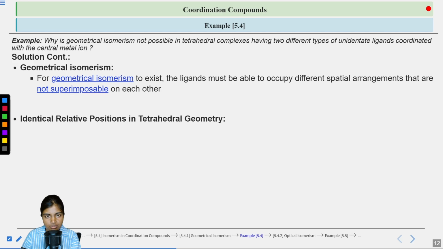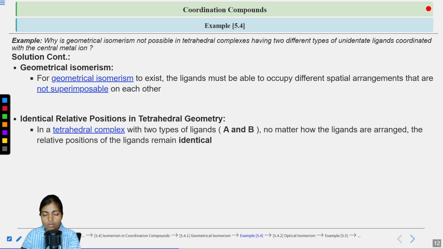Identical relative positions in the tetrahedral geometry. In a tetrahedral complex with two types of ligands, A and B, which we consider as type Ma2b2, no matter how the ligands are arranged, the relative positions of the ligands remain identical. In the 3D tetrahedral geometry, you place the ligands at the corners of the tetrahedron around the central metal.